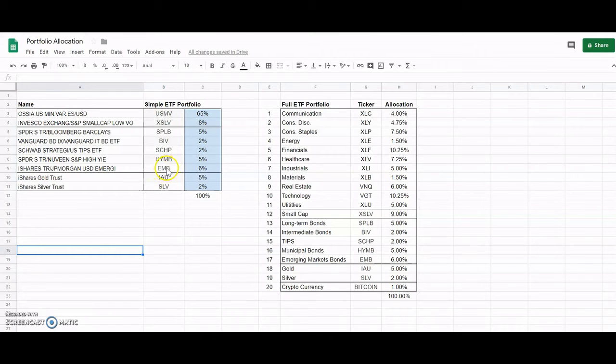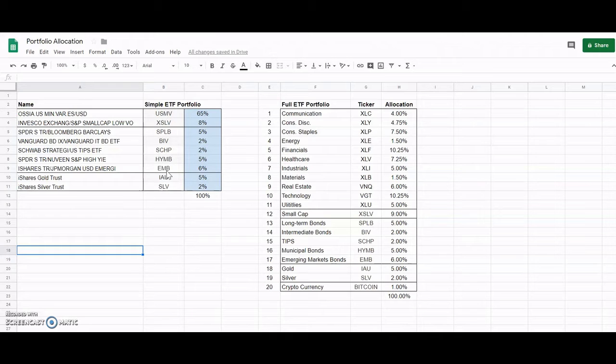And then EMB is a bond ETF fund that focuses on emerging markets. In my mind, if I'm going to put money at risk with emerging markets that tend to be very risky, very volatile, I'd rather go with something a little more safe, like bonds, versus some company that could go bankrupt, whether they go out of business because of lack of demand for their products, or because the government is corrupt and decides to put them out of business, because you never know.